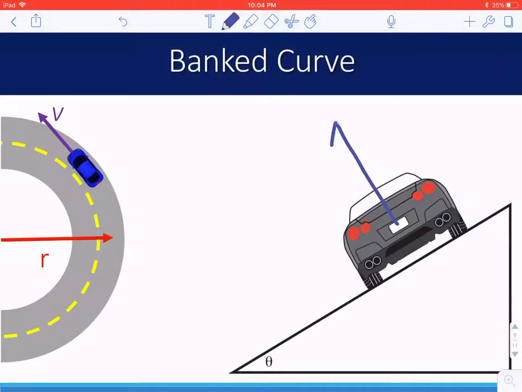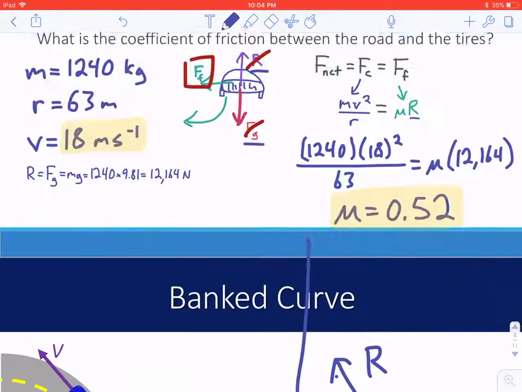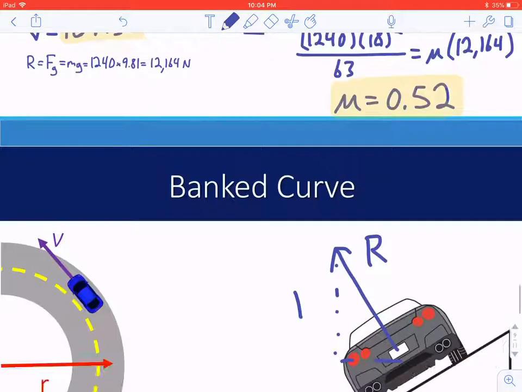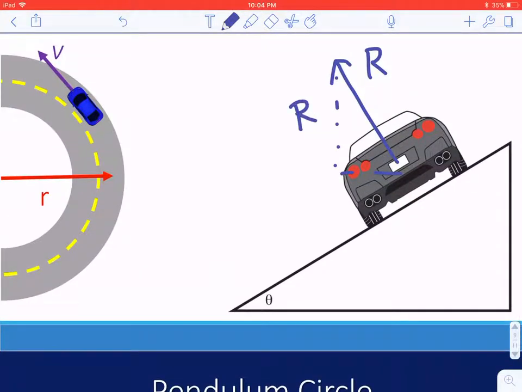Our normal force, the R force, is going to be acting perpendicular to the surface. That means that part of that R force is acting in the y direction, R_y pointing up, and part of that force is going to be acting in the x direction, R_x pointing to the left.